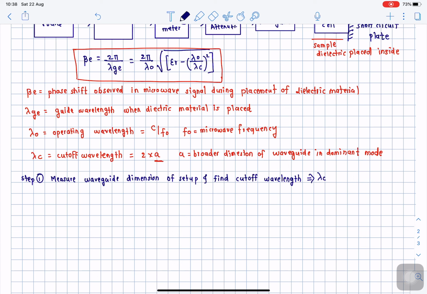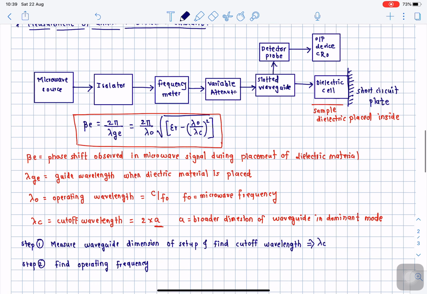Next, step number 2 is to find the operating frequency. We already know how to measure the unknown frequency. Before placing a dielectric material inside the dielectric cell, we get the maximum output shown on the oscilloscope.